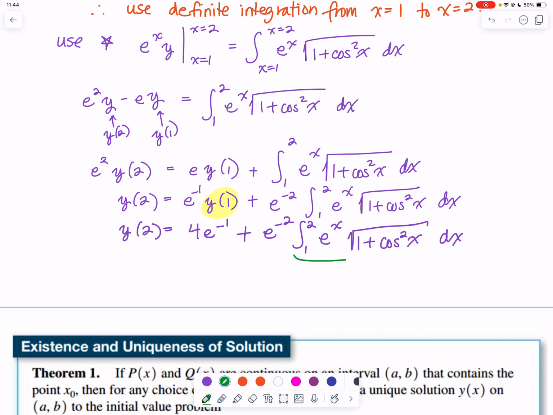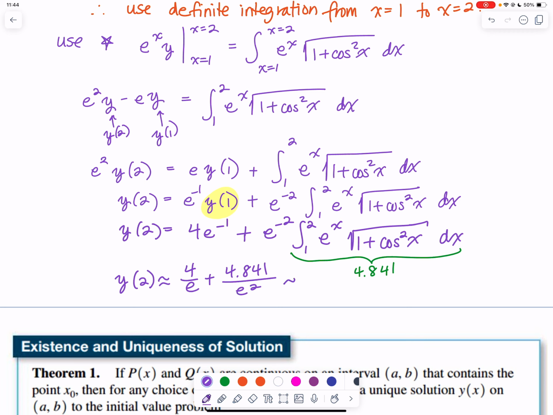Using a calculator to compute this, you will come up with this definite integral is 4.841. And so we have y of 2 is approximately equal to 4 over e plus 4.841 divided by e squared. And that is approximately 2.127. Therefore, y of 2 is about 2.127.